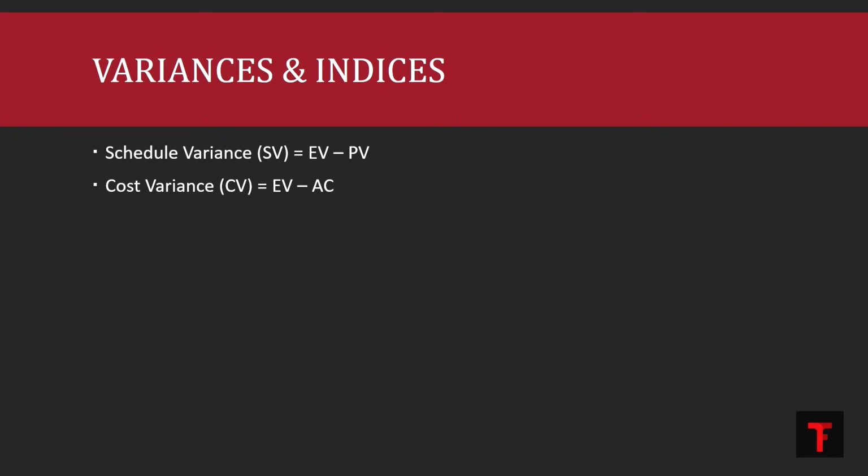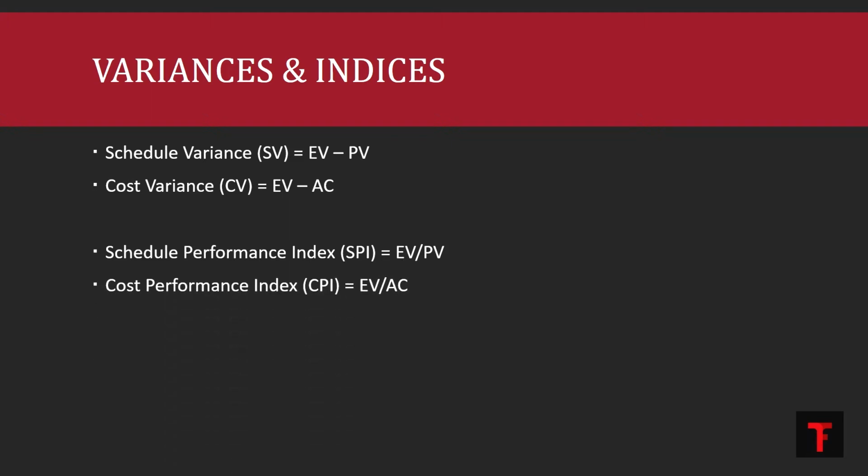Now, coming to the indices, you have two main indices in earned value analysis, and they are schedule performance index and cost performance index. Schedule performance index is an equation through which we are finding out the efficiency of a project in terms of schedule.